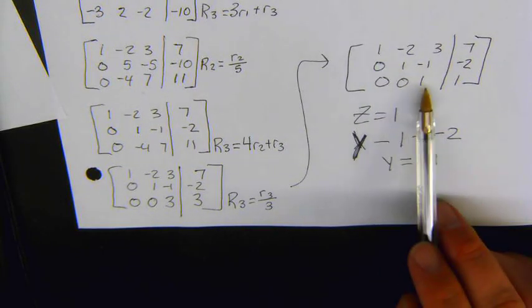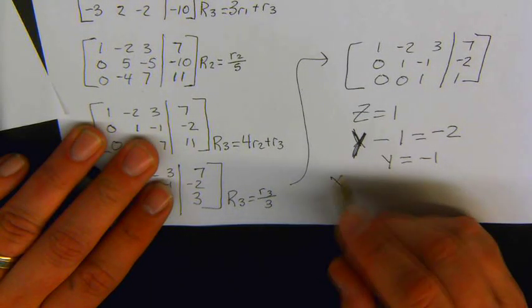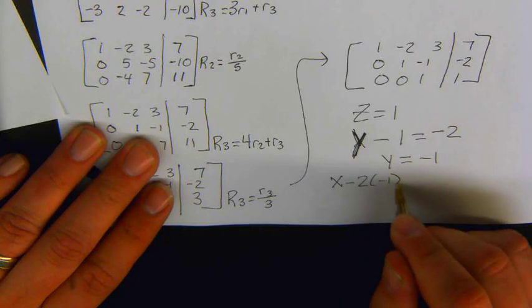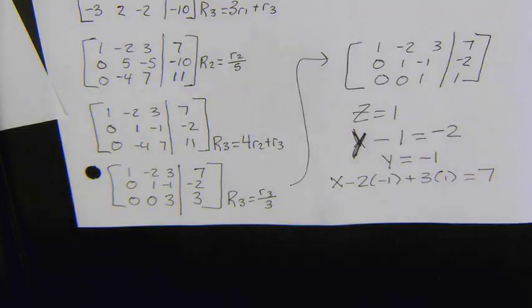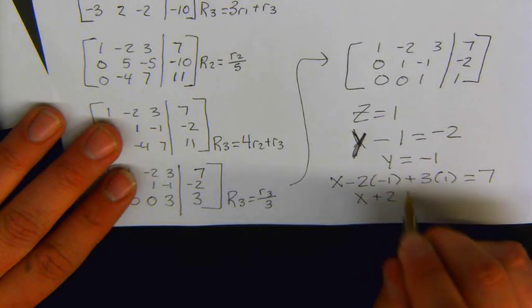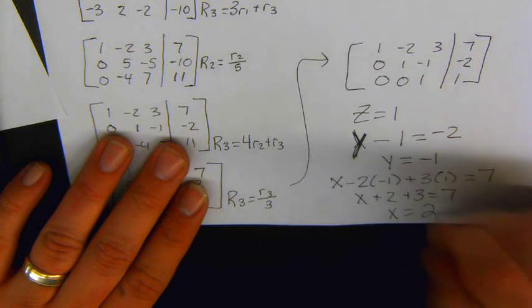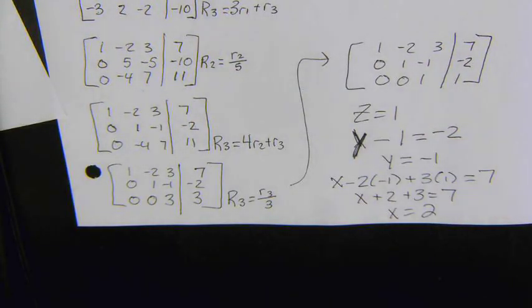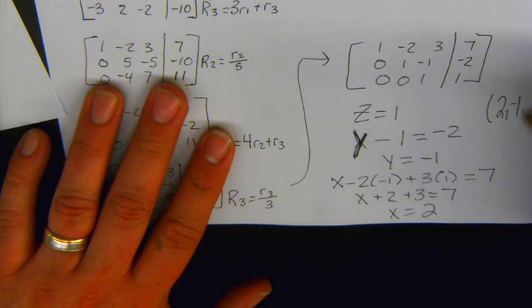First you'll have z, then you'll get y, then you'll get x. So now I have x minus 2 times negative 1 plus 3 times 1 equals 7. Or x plus 2 plus 3 equals 7. That's x equals 2. So there we have it. X is 2, y is negative 1, z is 1. So it's 2, negative 1, 1.